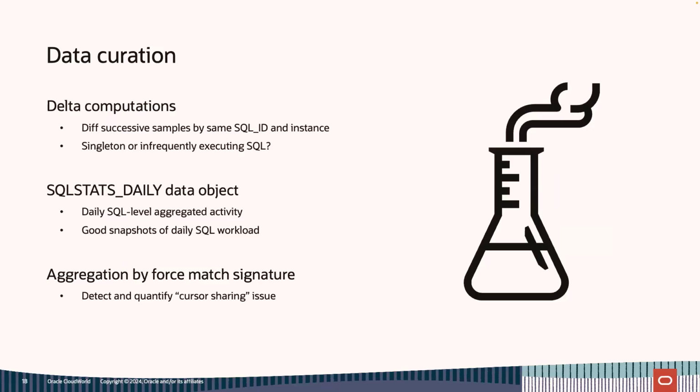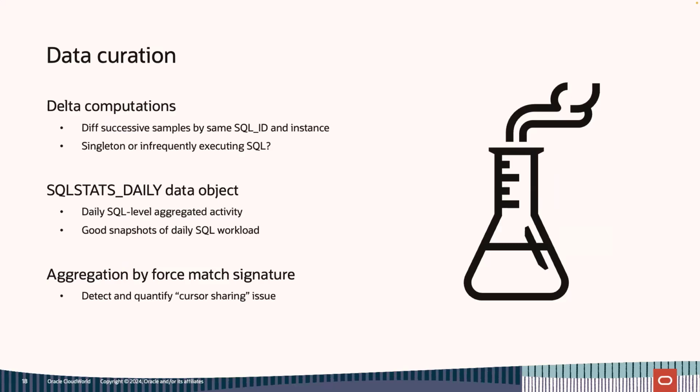Data curation, well, this is the key thing, right? And the main challenge with data curation is getting accurate deltas. And we're doing proper deltas. What are deltas? You're probably familiar. If you're using AWR at all, you're probably familiar with the concept of a delta, where, whenever you have cumulative stats that are sampled periodically, you're usually interested in the difference between one sample and its predecessor sample, right?